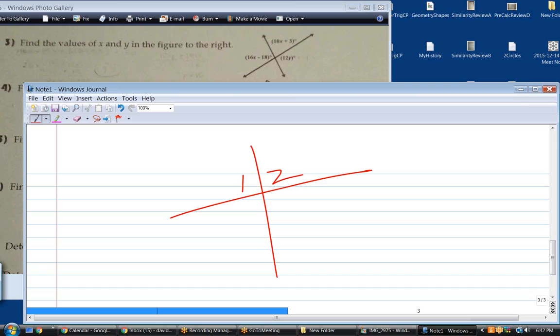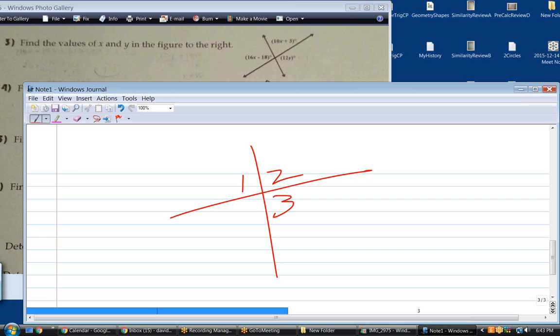They're not the same, but they're a linear pair. What does that mean? The fact that they're a linear pair, what does that tell me? That they add up to 180.